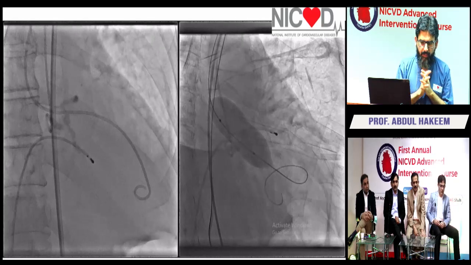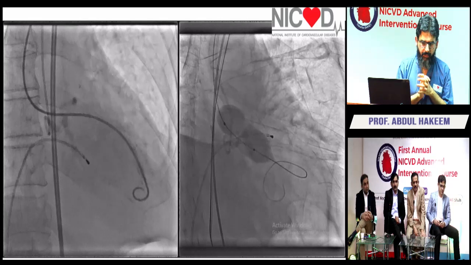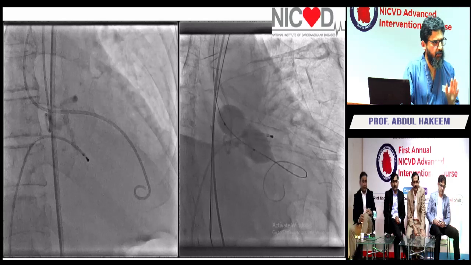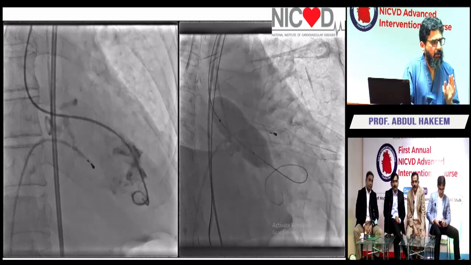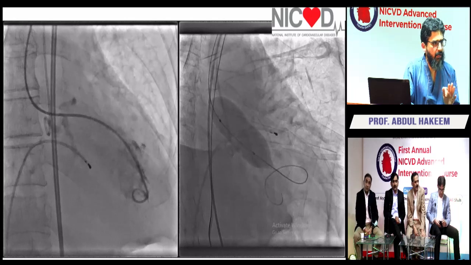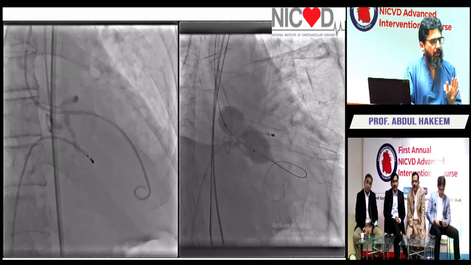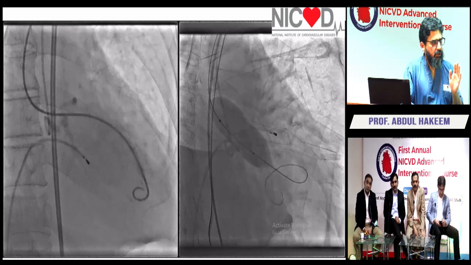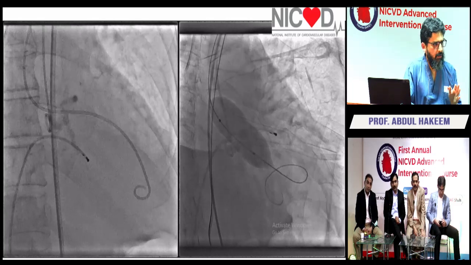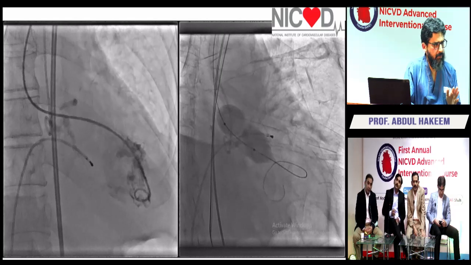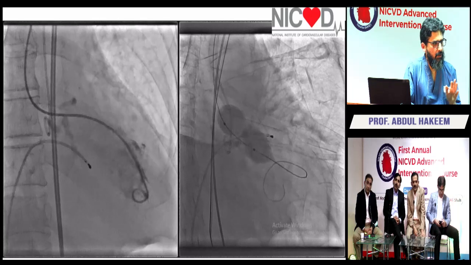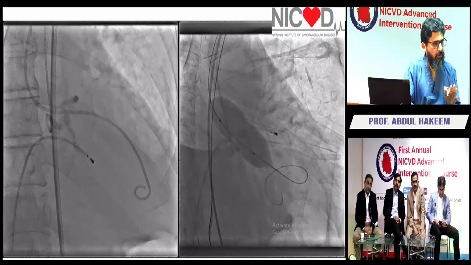You don't want to rapid pace, and for patients like this, patients who have LV dysfunction, it's always a good idea, and I wish we'd written this up, we've got almost 100 patients now, starting the patient on dobutamine a day before, low dose, about 5 mics per kilo per minute, tends to have relatively good outcomes.